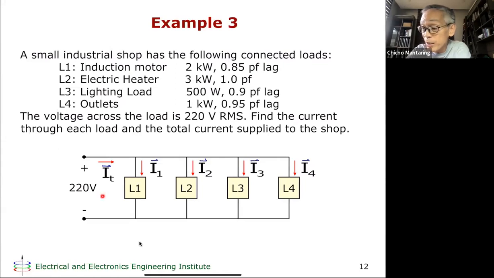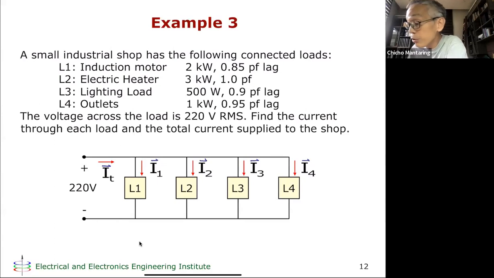I have a voltage source, probably my Meralco voltage, 220 volts. I have 4 loads connected across my source. So this can be my household appliances, or this can be my factory loads. In this particular case, pala, it's an industrial shop. So this is an induction motor. This is an electric heater. These are my lights, my total lighting load, and this is my total outlet load.